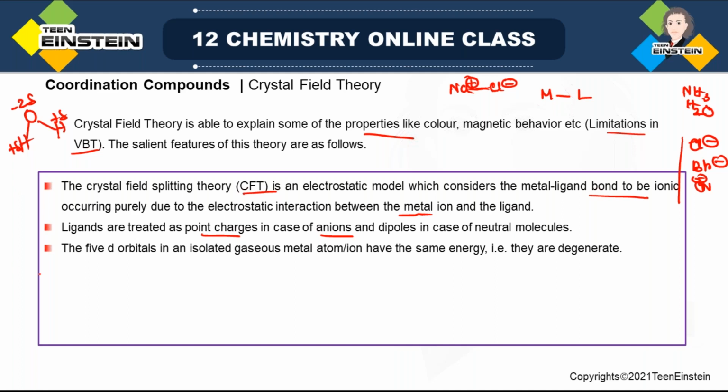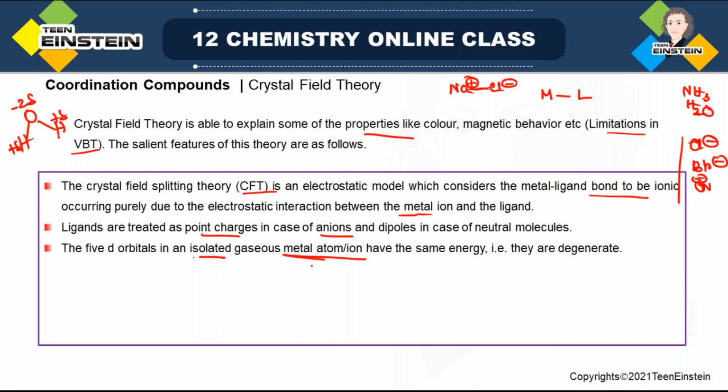And next come to the metal. The metal interacts with these ligands with its d orbitals. Now there are a total of 5 d orbitals in an isolated gaseous metal atom or ion. Isolated means they are not interacting with the ligands, they are free in nature. Now it may be carrying any positive charge, or it may be in neutral state, both are possible. That is why it is written metal atom when it is neutral, and it may be an ion also if it is carrying some charge.